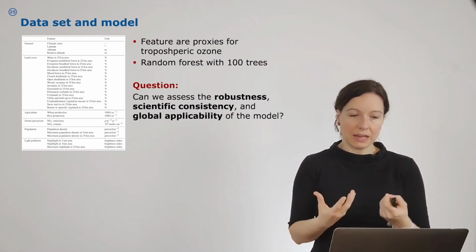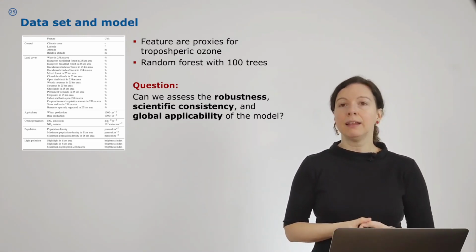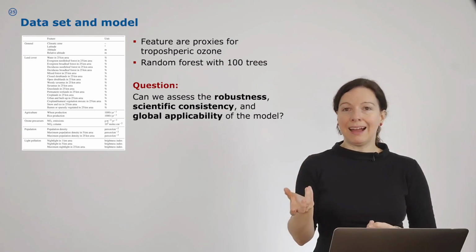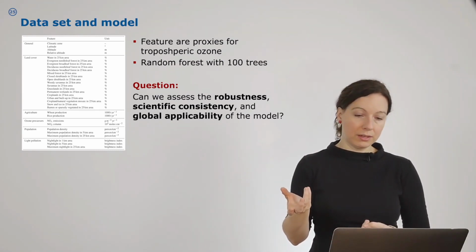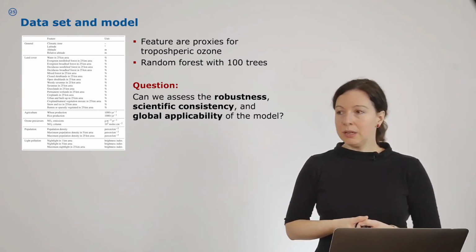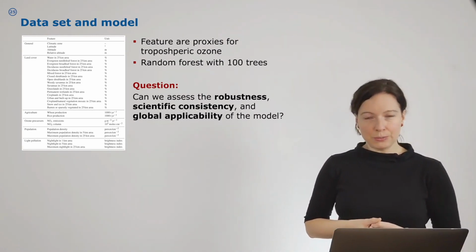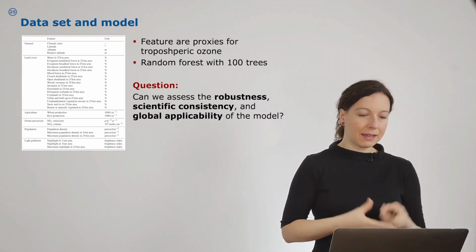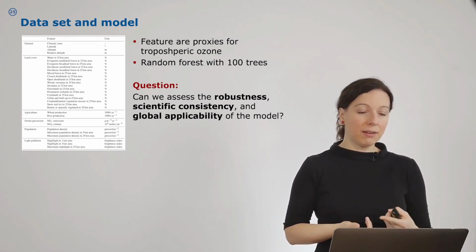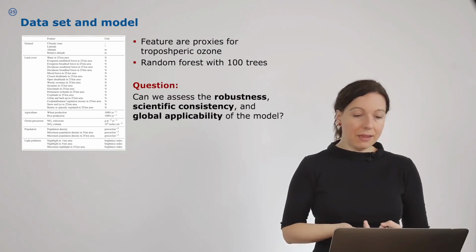So experts analyzed this and said, yes, these are proxies, and the output are accumulated ozone values over 4 years. And actually, what we want to know in this study is, can we assess the robustness, the scientific consistency, and the global applicability of the model?